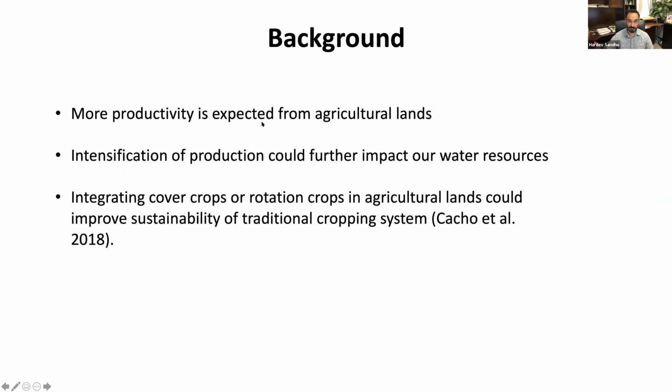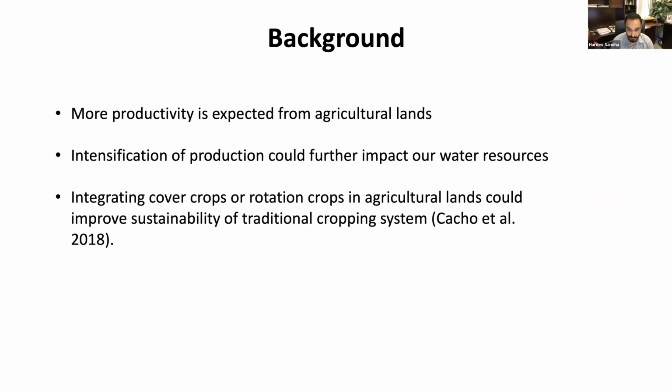So just a little bit about the background, why we need integrated land management practices. Because of increasing world population, we need more productivity. We are expecting more productivity from our agricultural lands, and that takes us into the intensification of production.